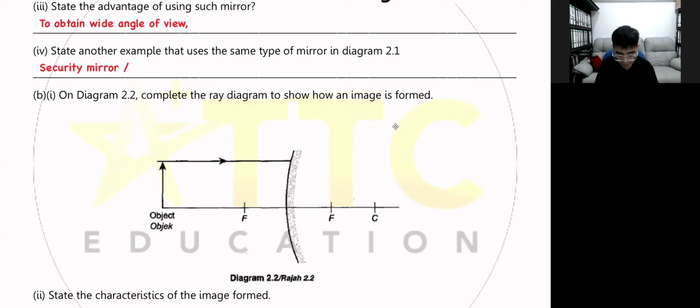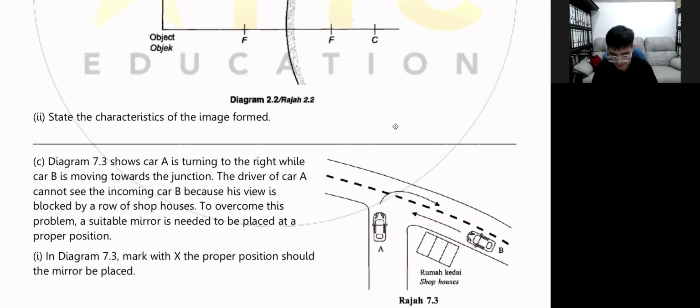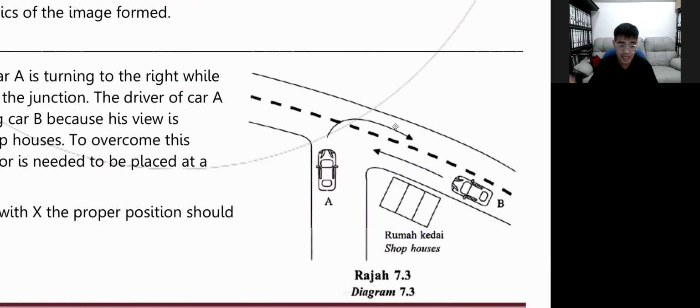So other than security mirror, you can also write blind spot mirror. The blind spot mirror is used in the next diagram, in question C. If you go and see question C, that one is called a blind spot mirror. Because sometimes when one car is coming out from the junction and another car is going straight towards the junction, they don't see each other because a row of shop houses is blocking their view.